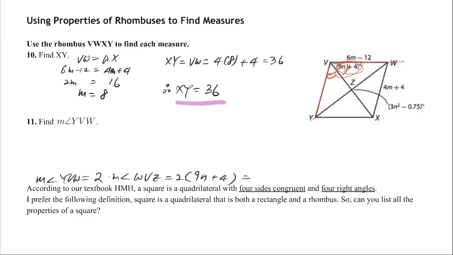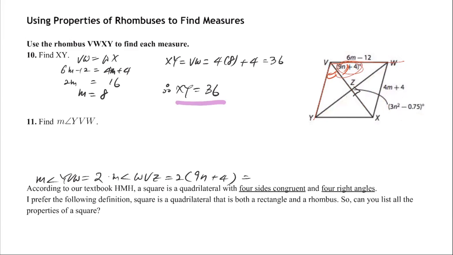Okay, now the question is, how do I find the rest? Is there anything here that will tell me how we can find n? Oh, look at this. This one is equal to this, but we know that it has to be perpendicular, right? Because the diagonals are perpendicular bisectors of each other.